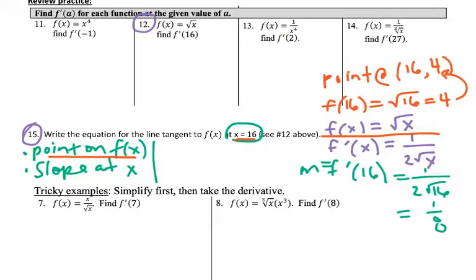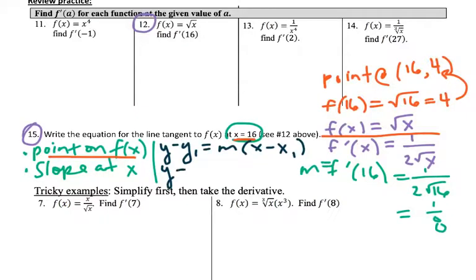Okay, now we're ready to write the equation of the tangent line. We can just write it in point-slope form. This is the generic form. It could always be rearranged into slope-intercept form later if the problem asks you to do that.